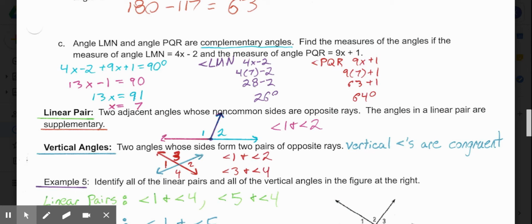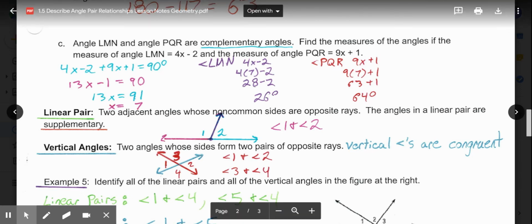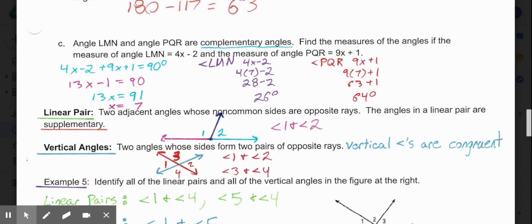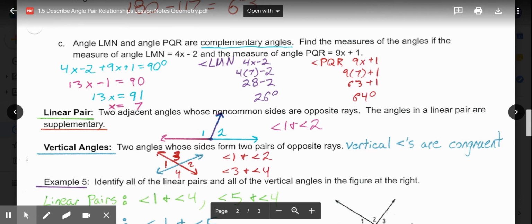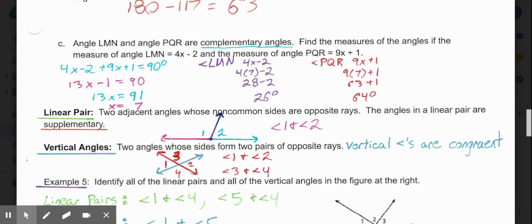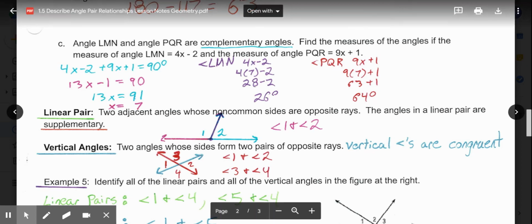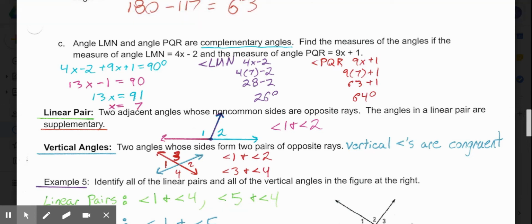Because they're complementary, I know the two angles added together equal 90. So I can take the 4x minus 2 plus the 9x plus 1 equals 90. Combine like terms, and we have 13x minus 1 equals 90. Add the 1, then divide by 13, and x equals 7.